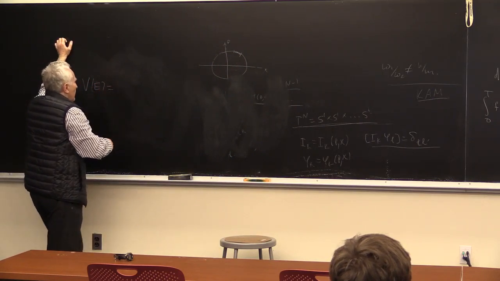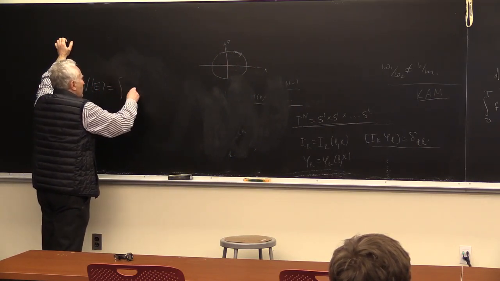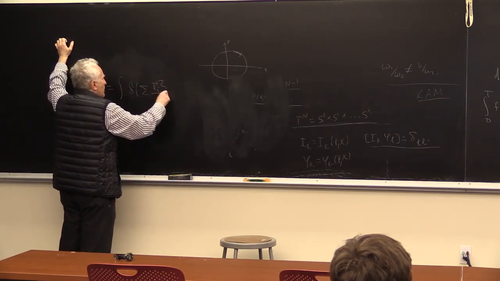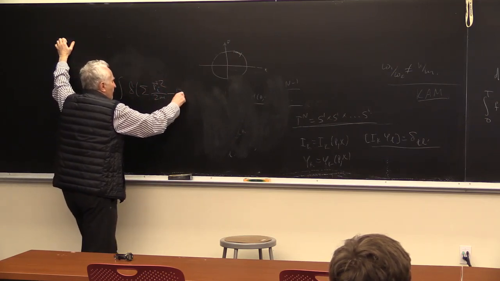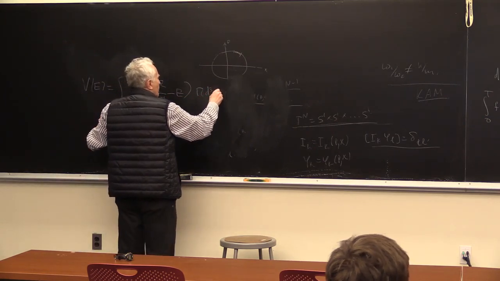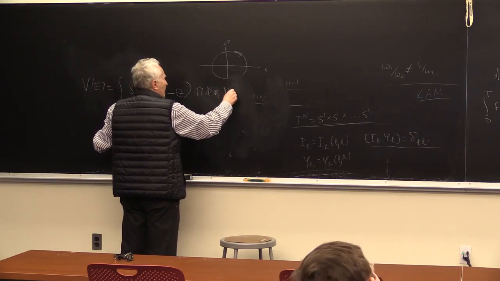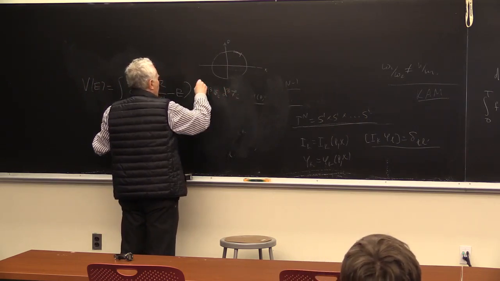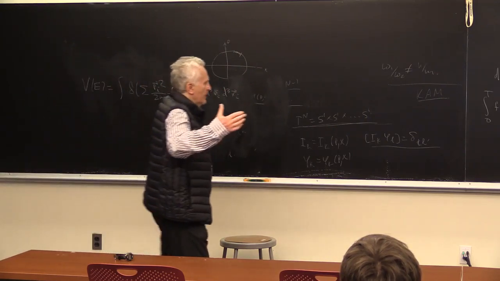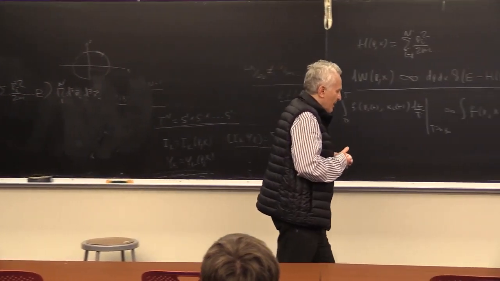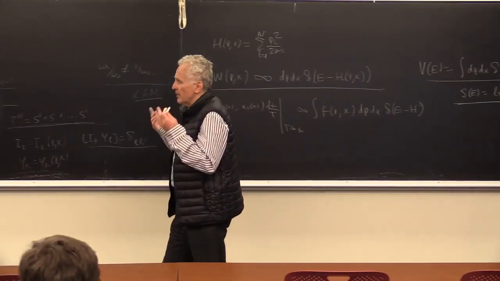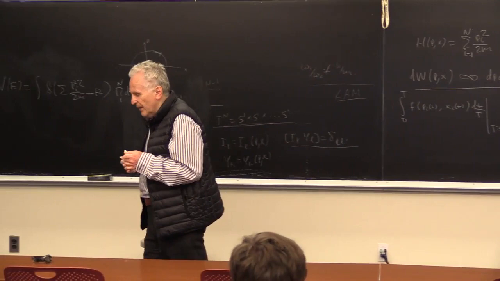So we have the volume, which is the delta function. Let's suppose we are in 3D space. The number of variables in this multiple integral is around 10 to the 23.